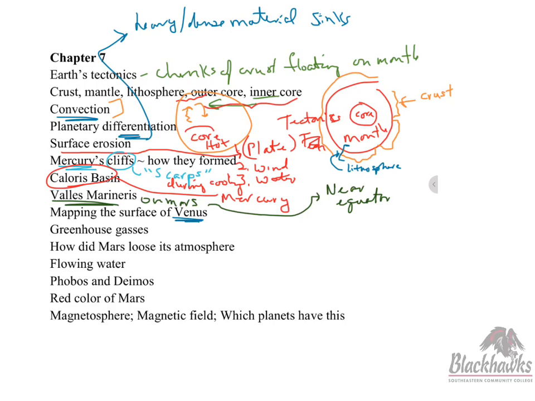So, mapping Venus's surface via radar. Satellites orbiting Venus. So they orbited the planet Venus.